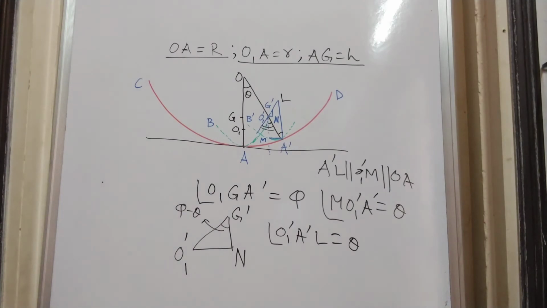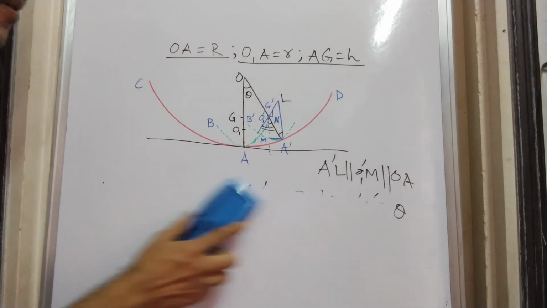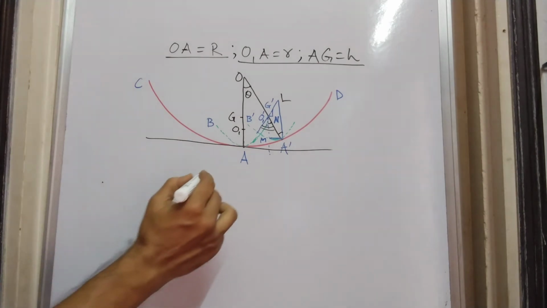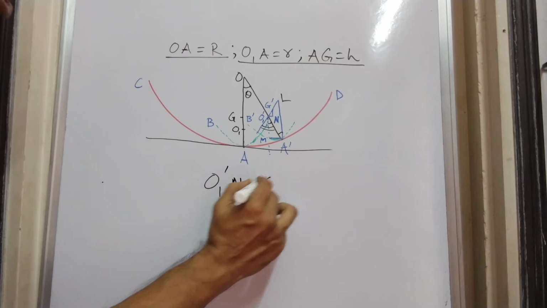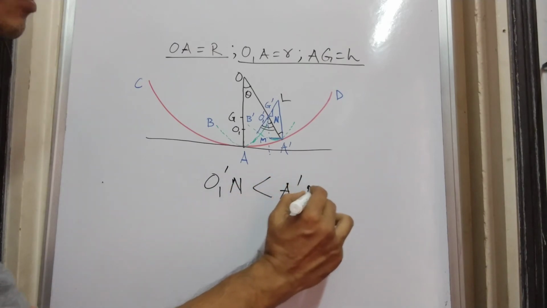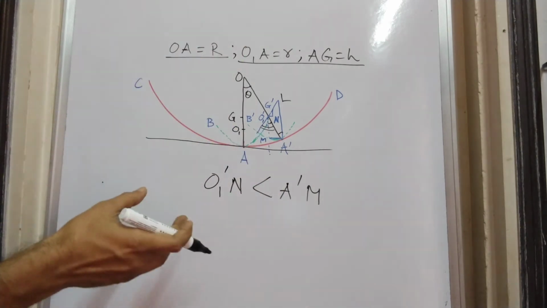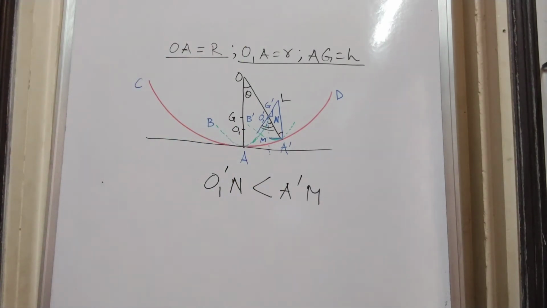So for the condition of stability of this equilibrium, we must have this O1 prime N shorter than A prime M, so that the weight downwards and the reaction upwards tilt this back to the previous position.